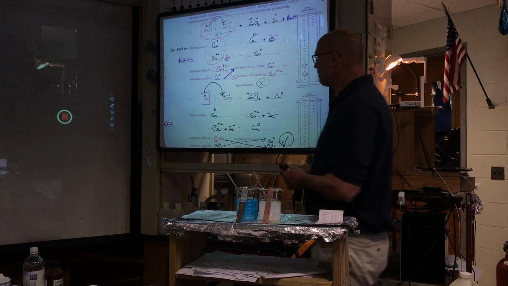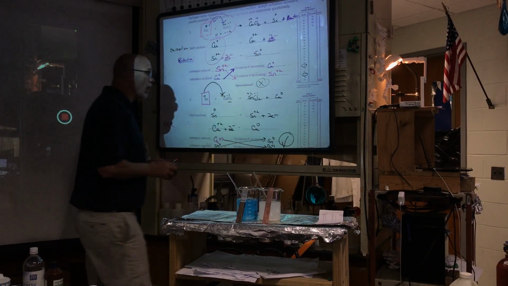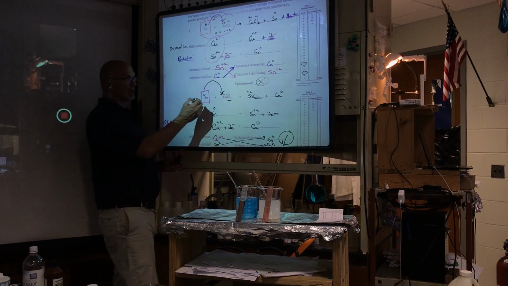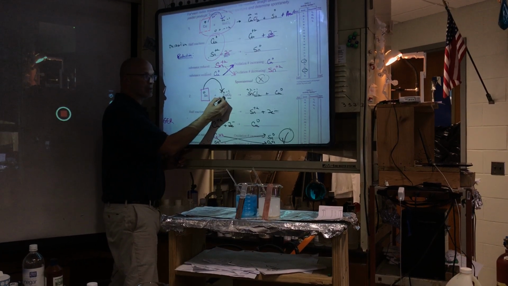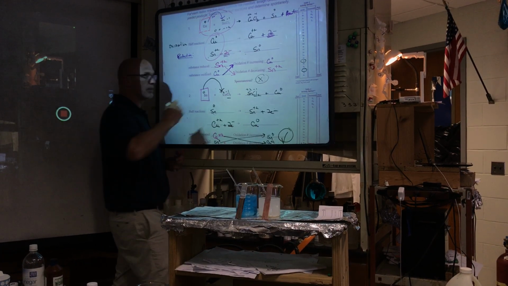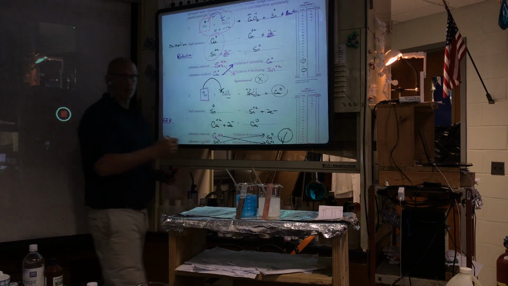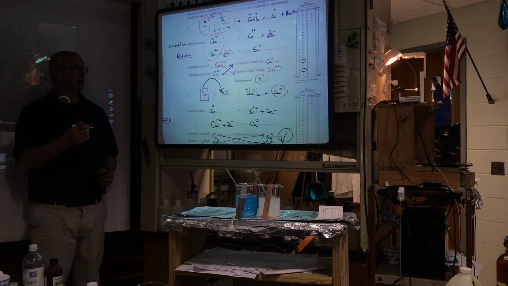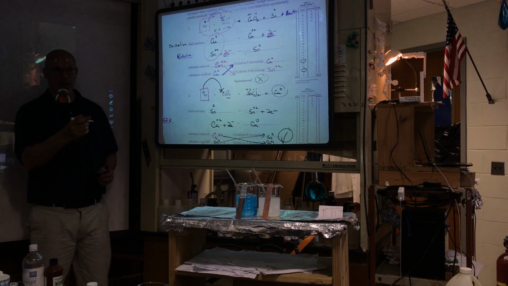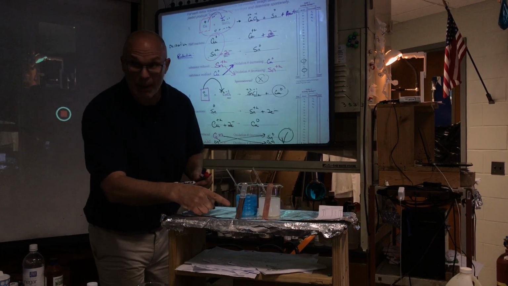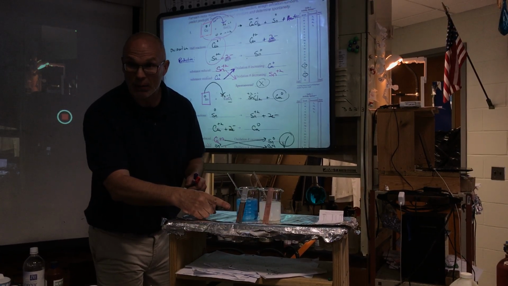It looks brown, right? It's not rust. Look at the reaction. Tin gave its electrons to copper plus 2. Copper plus 2 became what? 0. Tin plus 2 moved in. What we have here, guys, is pure copper that's on here.